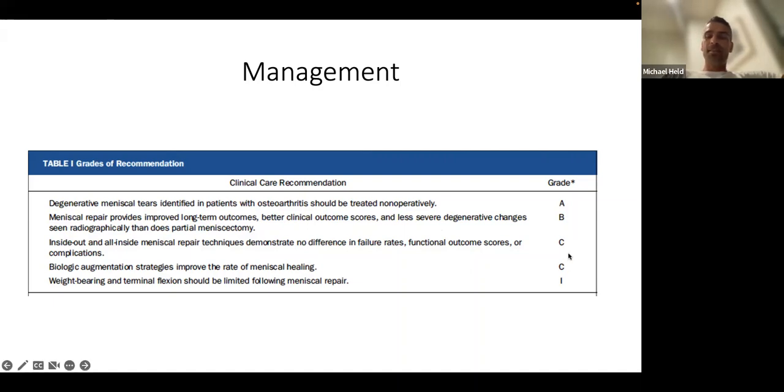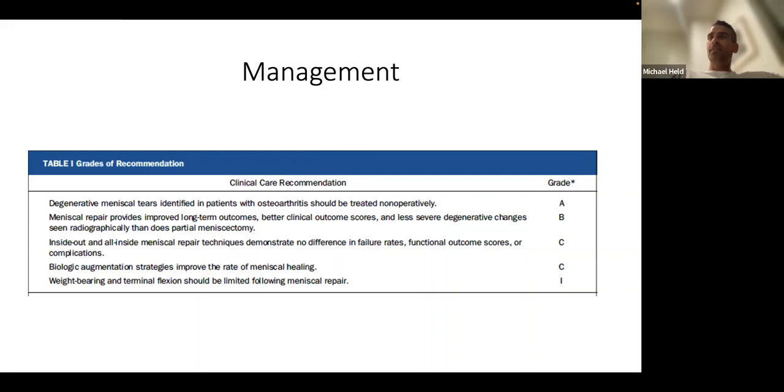The recommendation for biological augmentation strategies, for example PRP or putting in certain fibrin clots, hasn't shown yet to make a huge difference. And then similar to the weight bearing and terminal flexion, most people limit that, but it doesn't have a huge grade of recommendation.